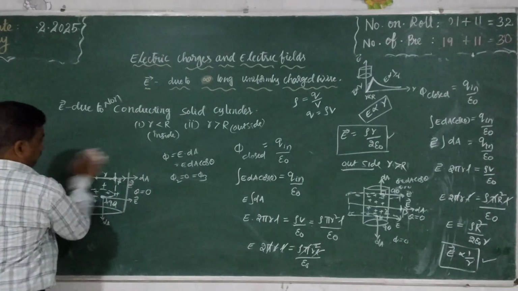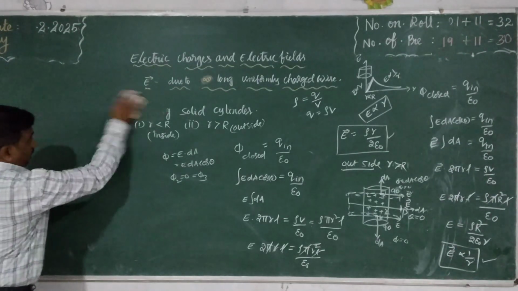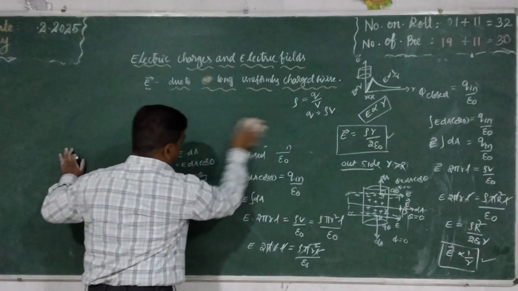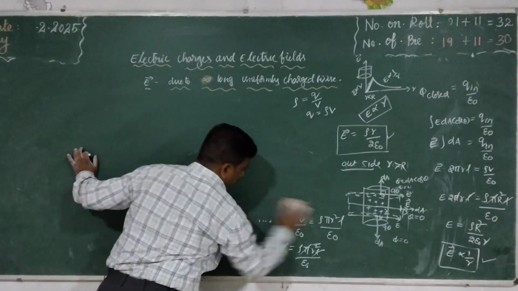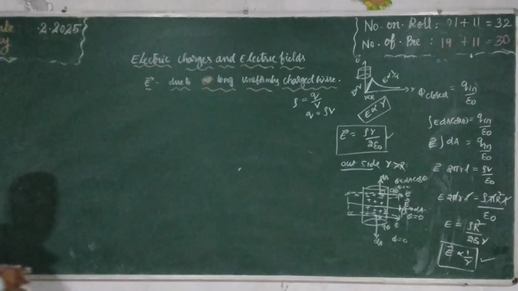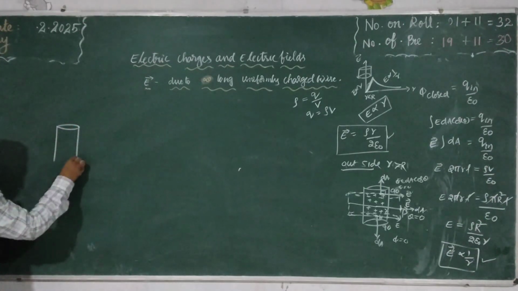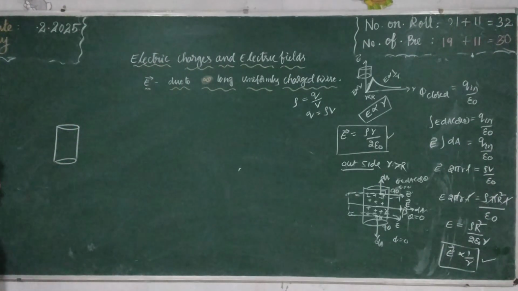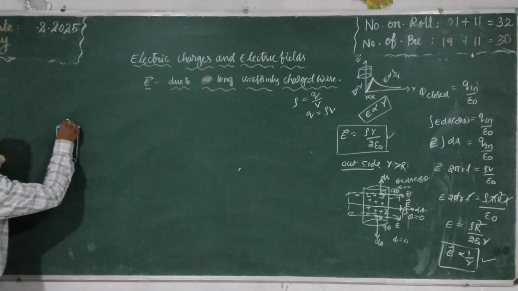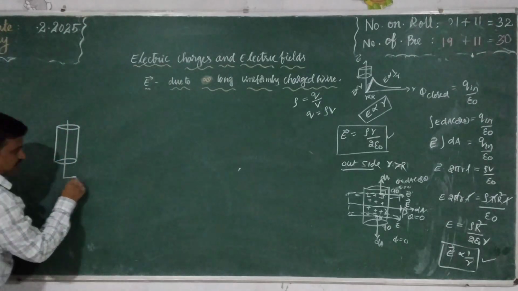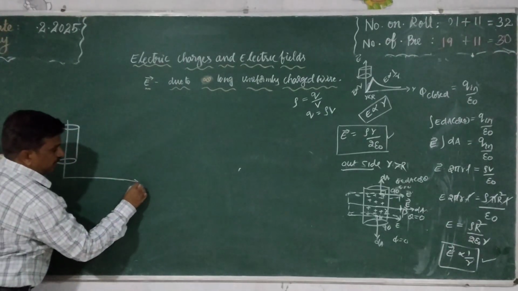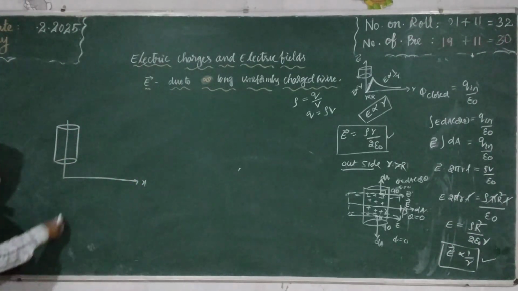Once again, we can draw the graph for both conducting and non-conducting. See, for example, hollow conducting, hollow non-conducting, and solid conducting all will have the same property. This is the y axis, this is the x axis, the R distance.